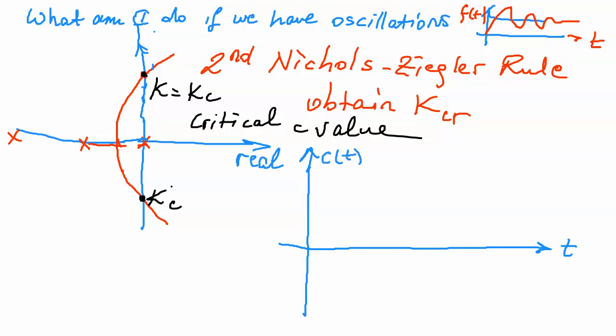Output for step. Who is going to draw that curve? What kind of curve do we have for step response if K is equal to Kc, the critical value?